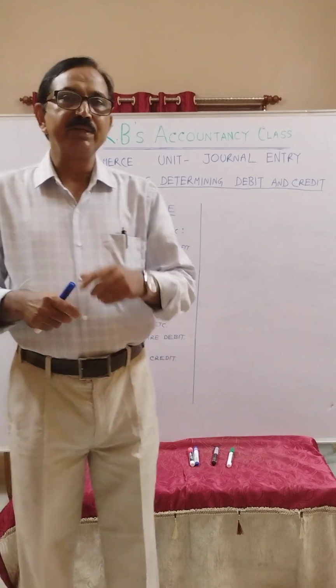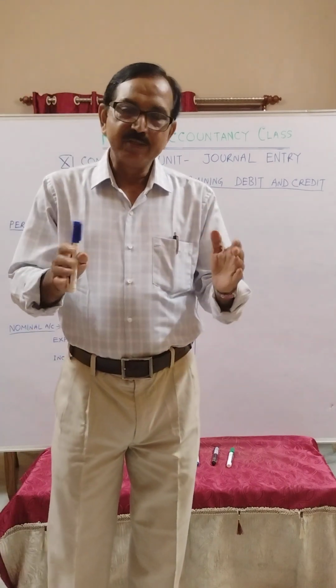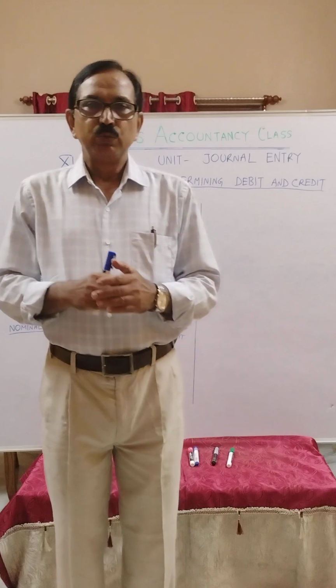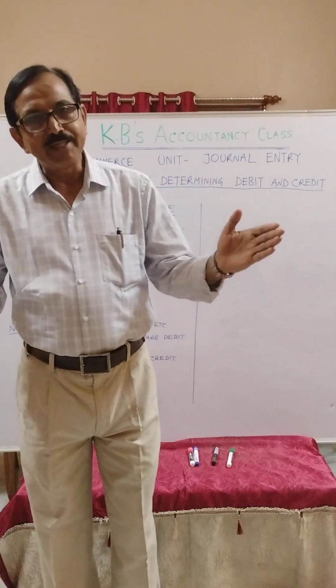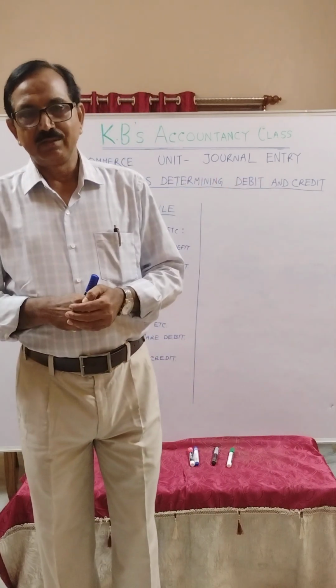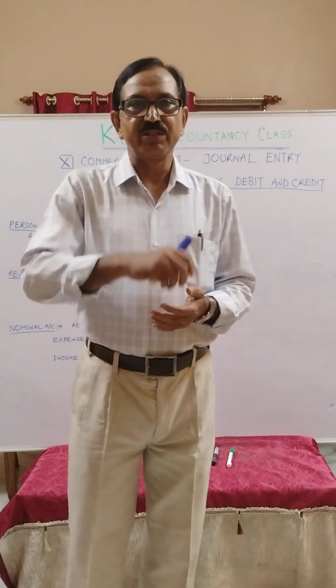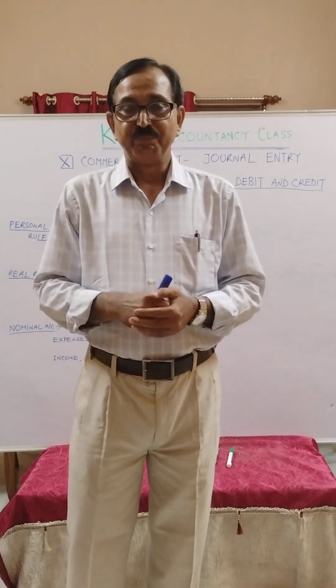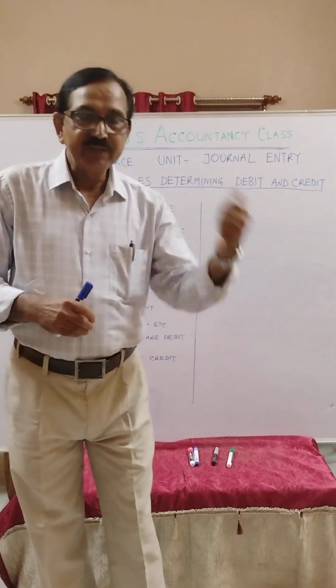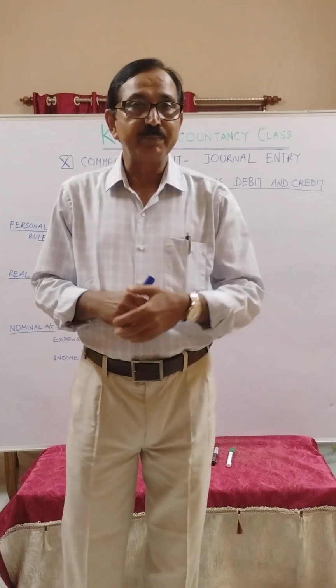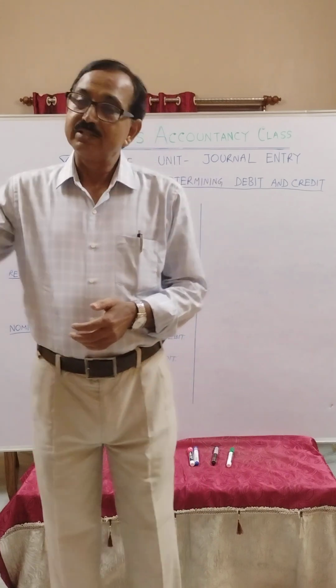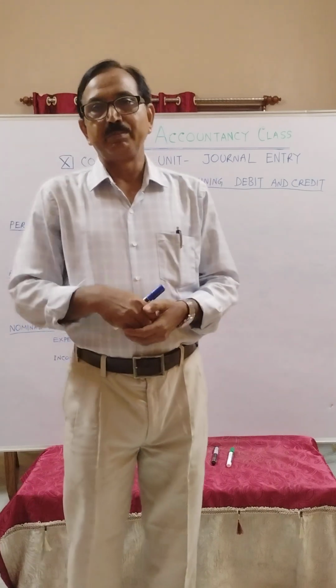The basis of the double entry system is that it recognizes two aspects, two sides, of a transaction. That means every transaction has two sides. One side is receiving the benefit, and the other side is giving the benefit.